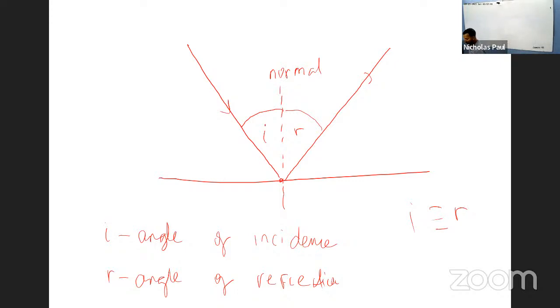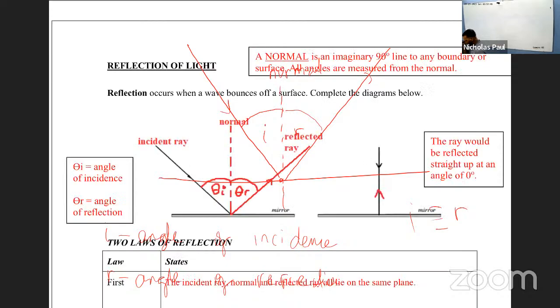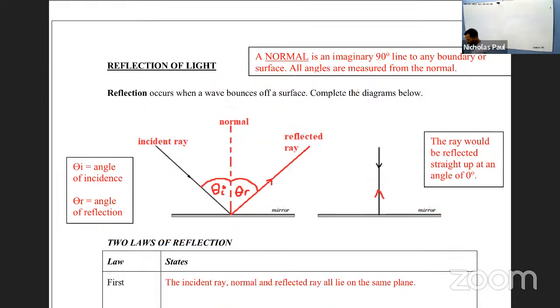But there are two quick things I want you to note. Number one, we always measure our angles between the normal and the ray. Let's make a note of that, please.